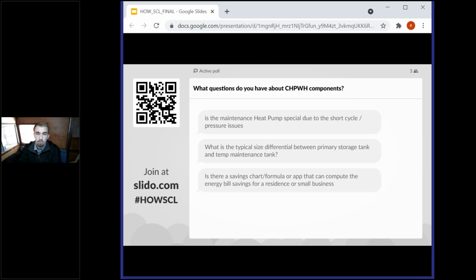There are not these big peak loads that the primary storage has to handle. It's just a really consistent heat loss. So it's really just sized big enough to offer whatever heater you're using enough buffer so it doesn't cycle on and off really quickly to maintain that temperature. The primary storage is handling these big peak loads, so it's often a lot bigger.